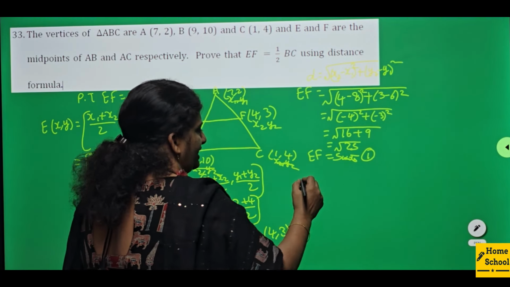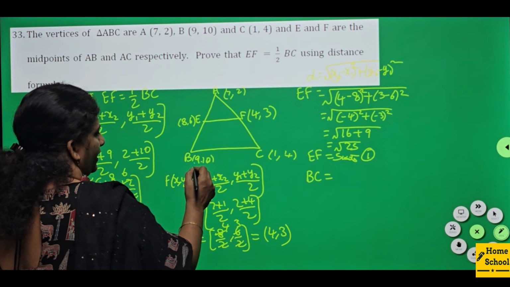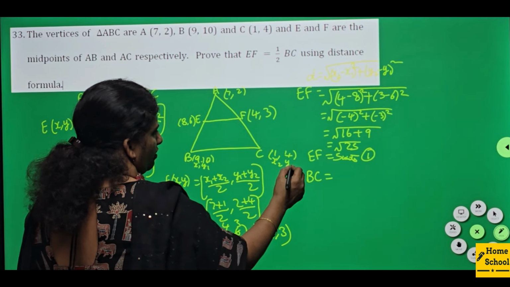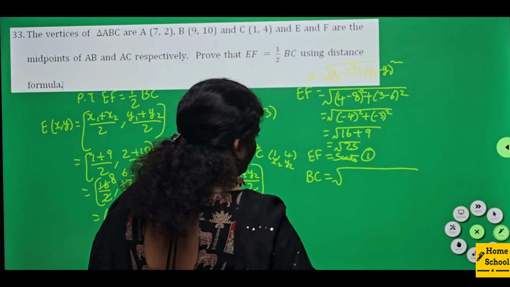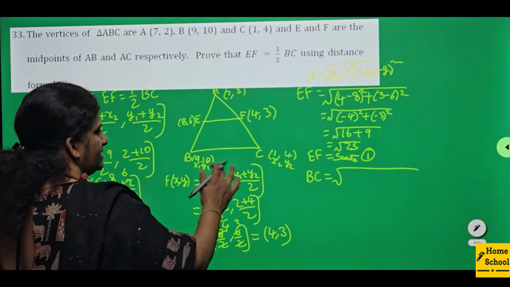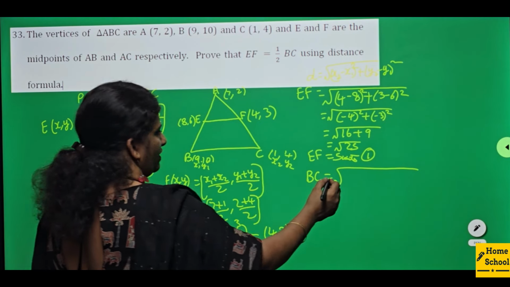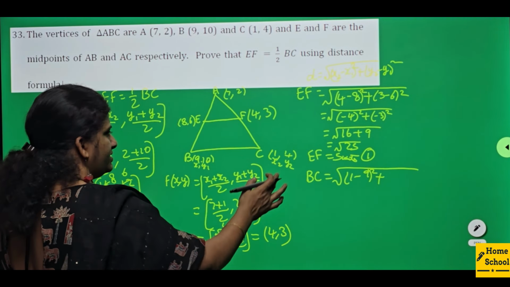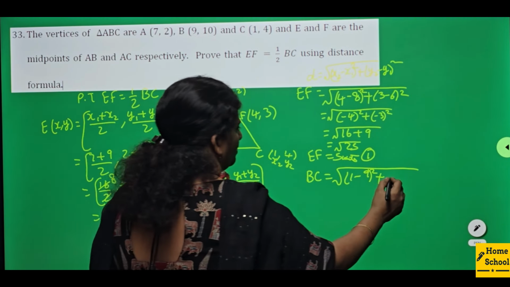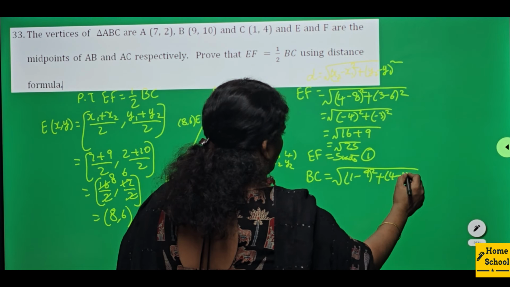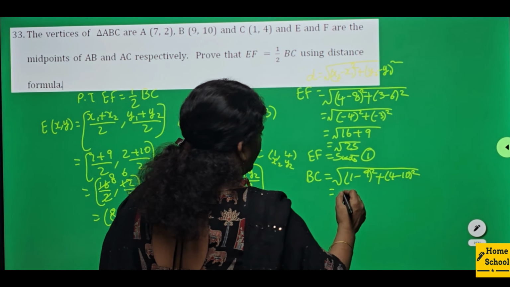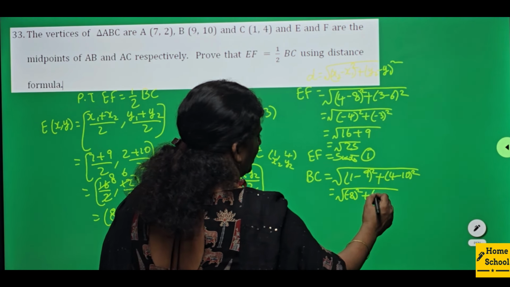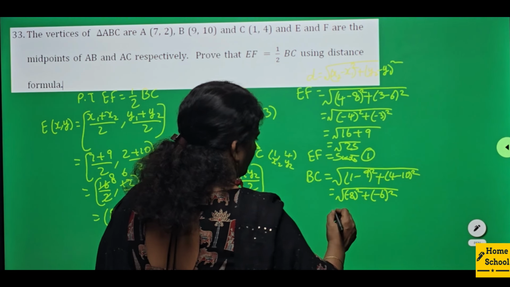Now we need to find BC. Assume B coordinate as x1, y1 and C as x2, y2. Find the distance between B and C. BC distance: x2 minus x1, that is 1 minus 9 whole square, plus y2 minus y1, 4 minus 10 whole square. 1 minus 9 is minus 8 whole square, and 4 minus 10 is minus 6 whole square.